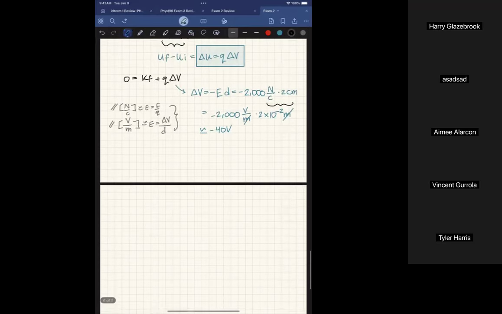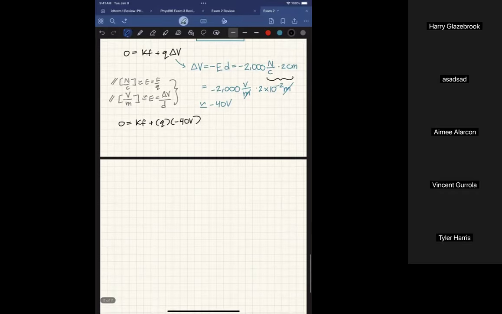So plugging that back in, we have 0 equals the final kinetic energy of our proton when it's at the negative plate, plus the charge of our proton, Q, times the change in electric potential, which is negative 40 volts.